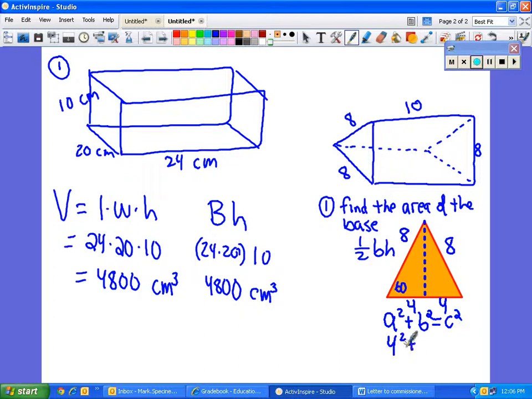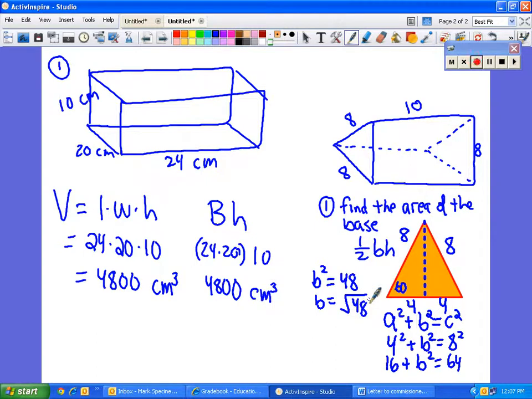My hypotenuse is 8 squared. So I'm going to subtract. 4 squared is 16. 16 plus b squared is 64. 64 minus 16 is what? B squared is 48. That means that b is the square root of 48.